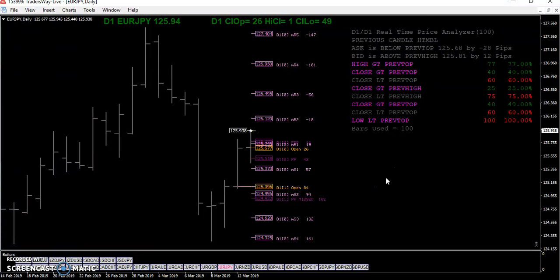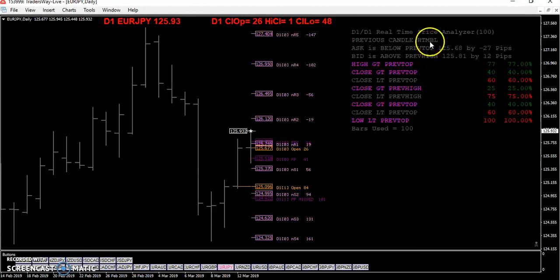Now, the main thing we're looking at is where price is in real time compared to different levels. So we're looking at the previous candle's high, the top, the middle, the bottom, and the low.